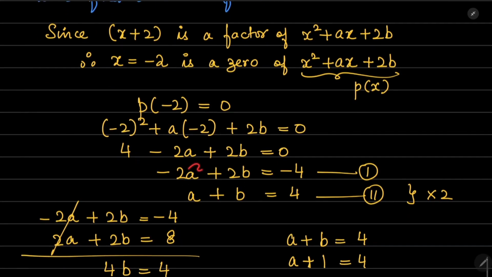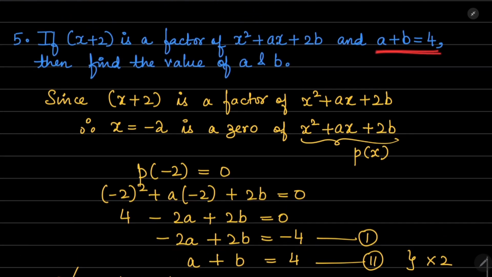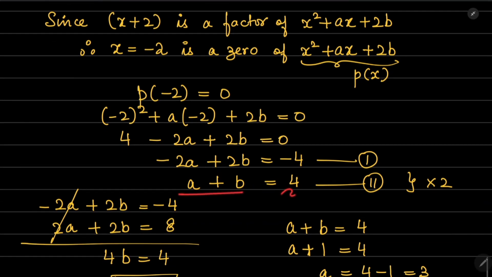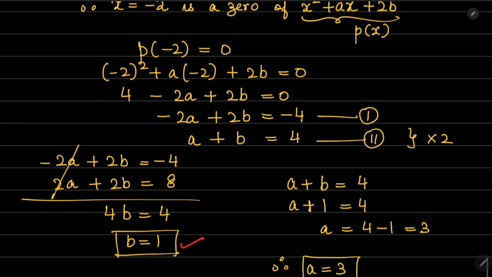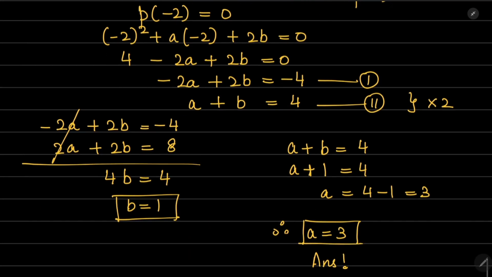We first get a linear equation, that is minus 2a plus 2b equal to minus 4. We are already given another relationship, that the sum of a and b is 4. Using these, just solve a pair of linear equations in two variables and get both values a and b. Do try it, and then verify if you are also getting a is 3 and b is 1.